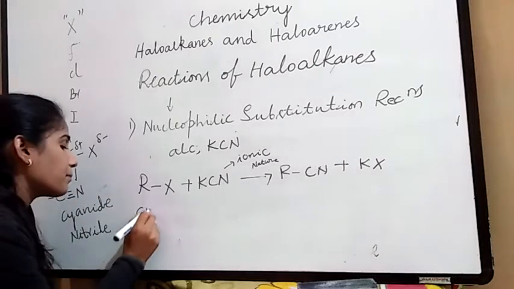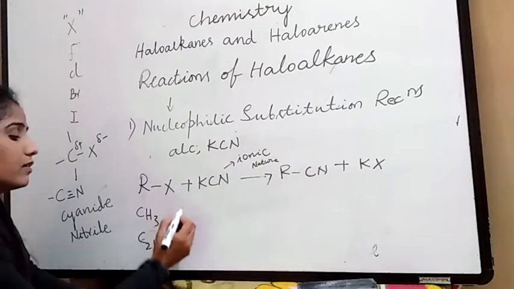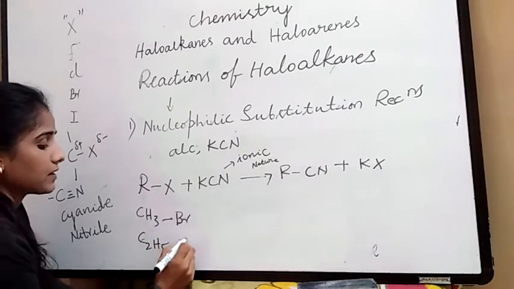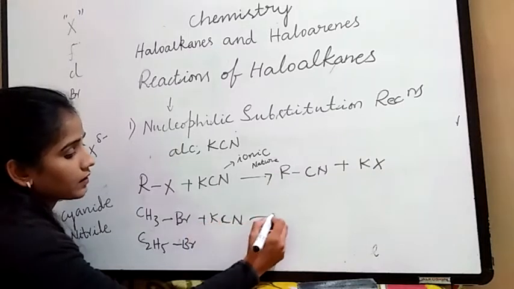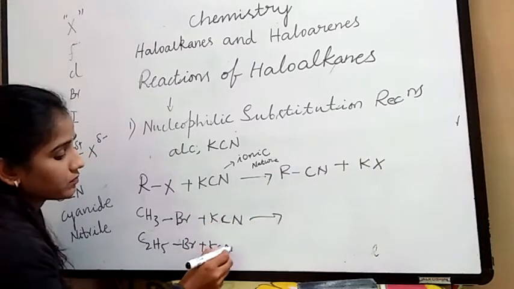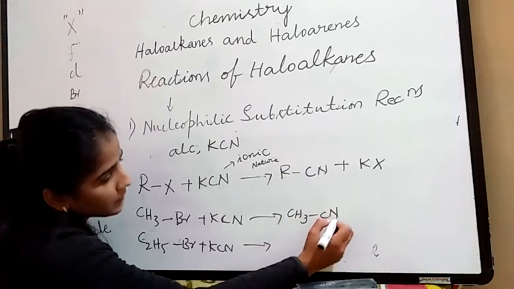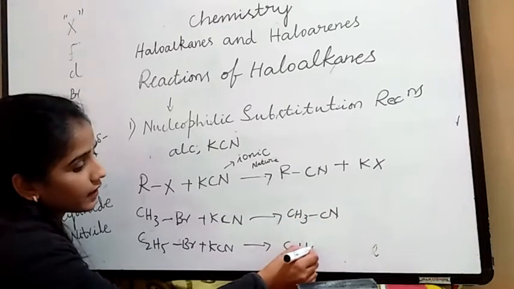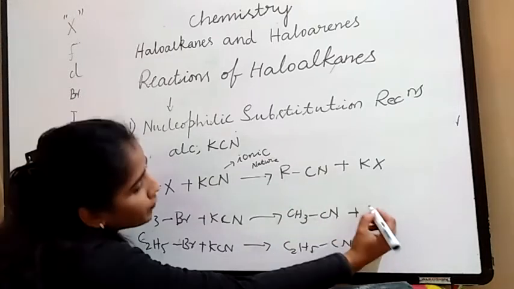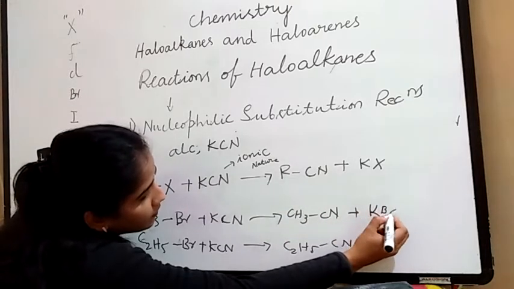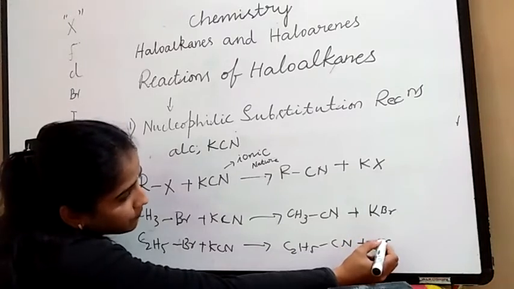By taking an example of CH3 and C2H5, you can take in place of X: RBr plus KCN gives rise to CH3CN, methyl cyanide, and C2H5CN, ethyl cyanide, with the removal of KBr, potassium bromide.